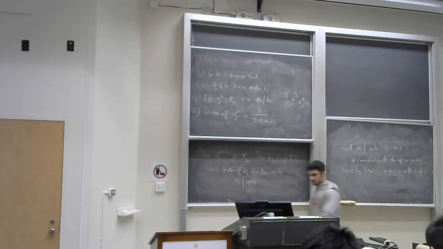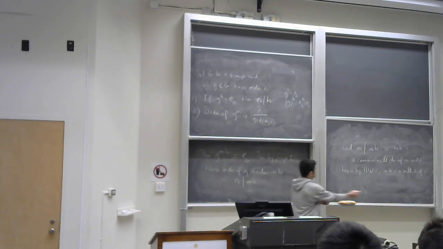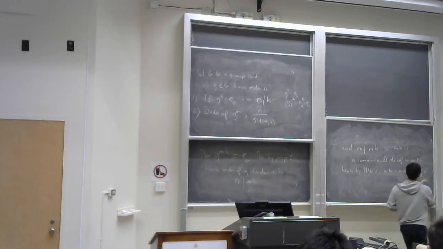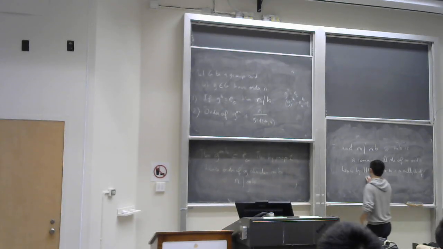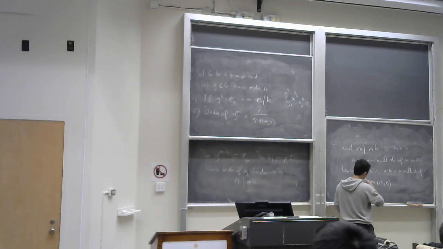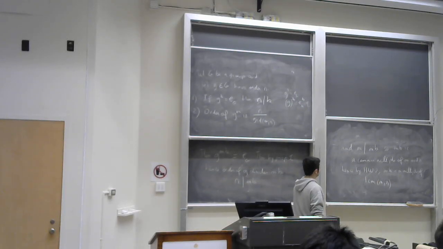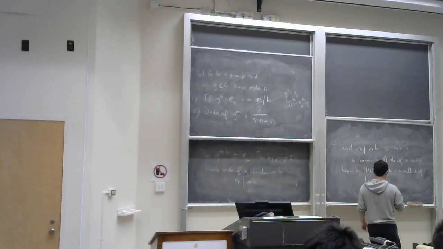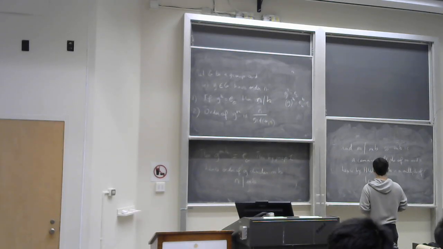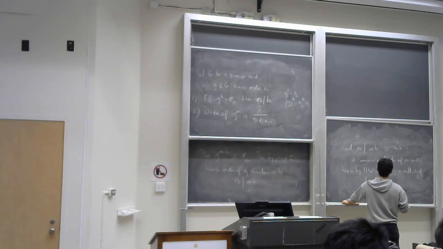Yeah, sorry about that. Then mk is a multiple of the LCM of m and n.